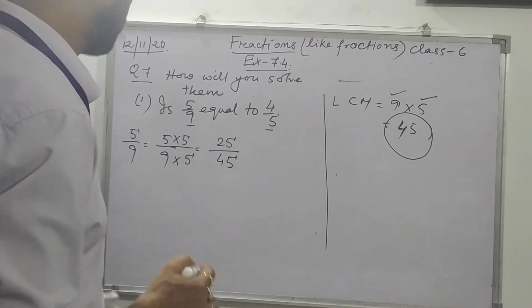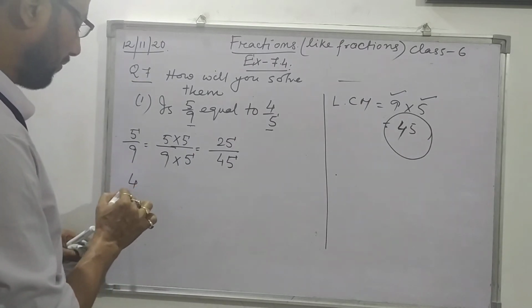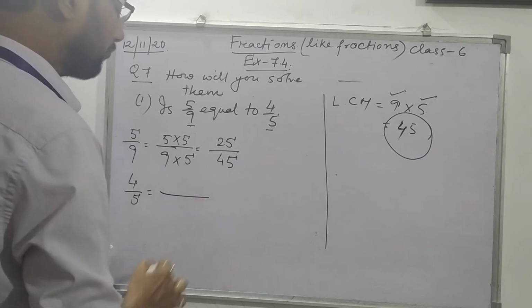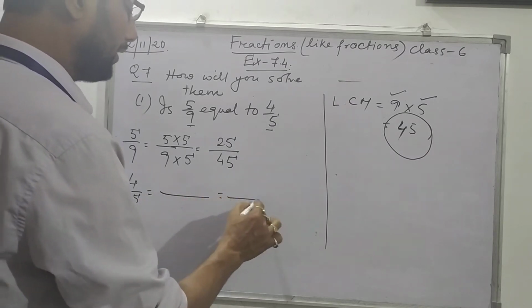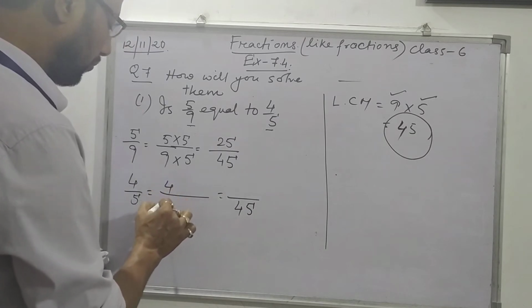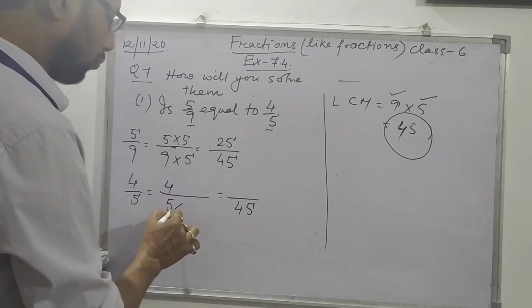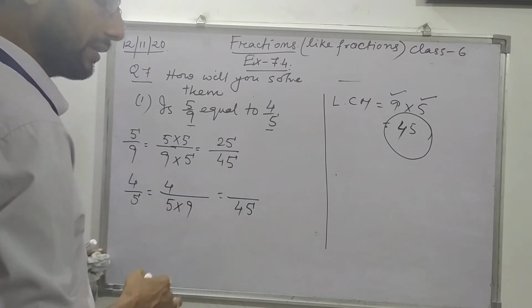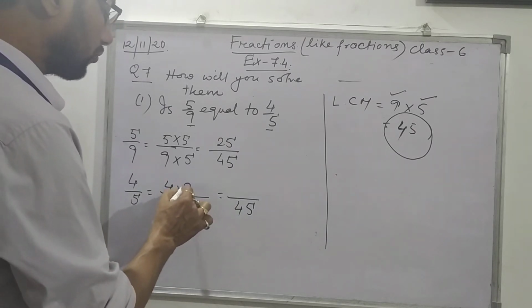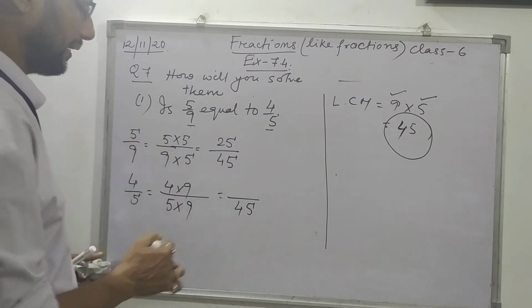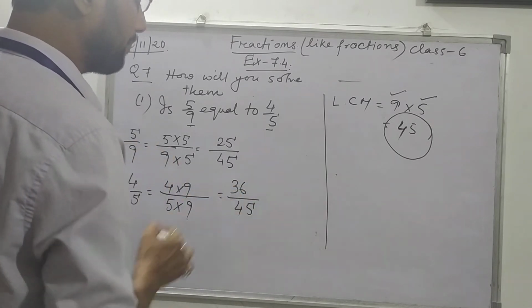Next, 4 by 5. Here also I have to make the denominator 45. What number should I multiply with this 5 to make 45? 9. I will multiply by 9 here also, so it is 36 by 45.